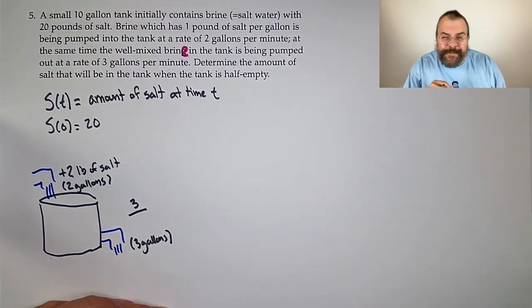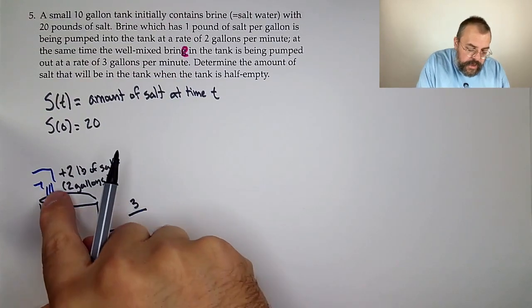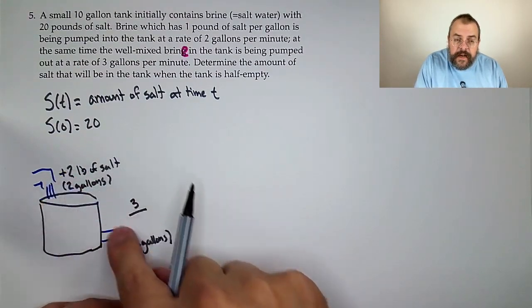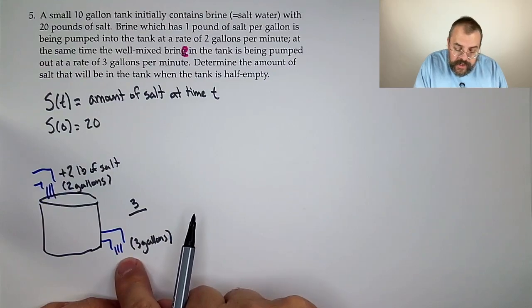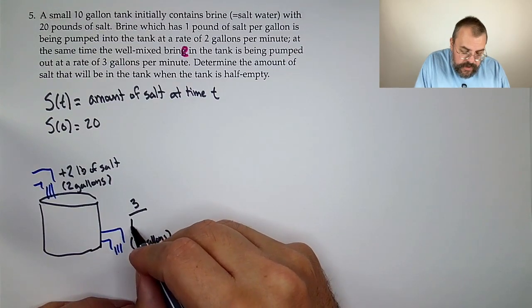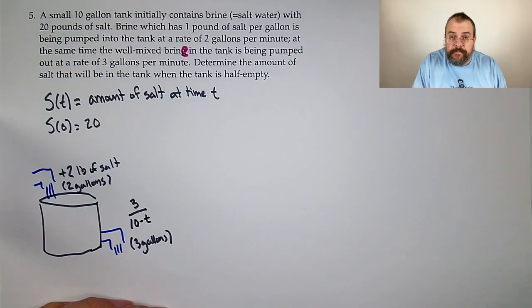I'll fix the problem right up after we're done. We add 2 gallons and lose 3 gallons at the same time, which means that on a net flow of time, we are losing 1 gallon every minute. So we should say that the total amount of brine is 10 minus t.